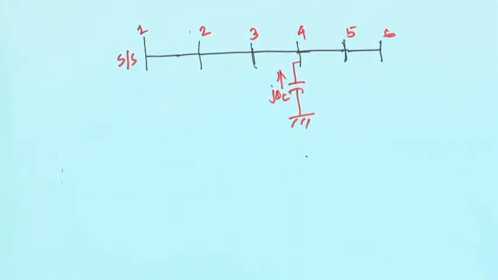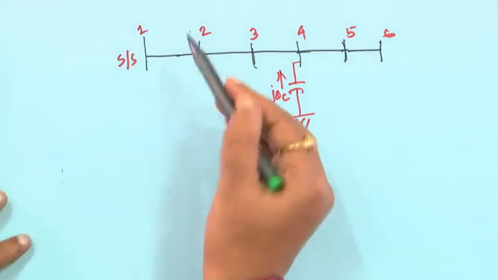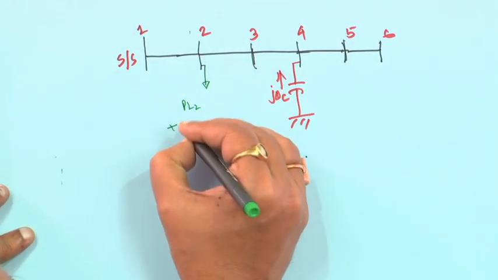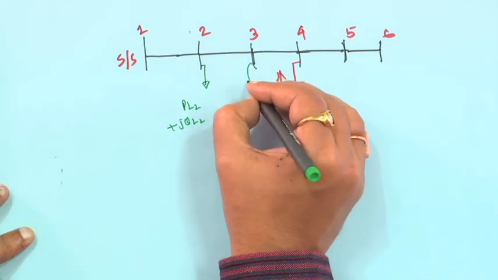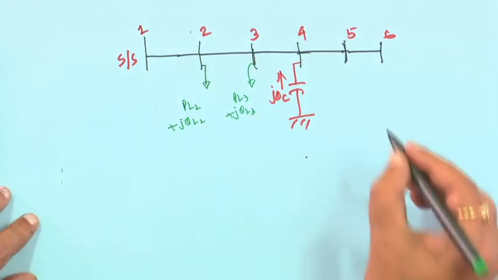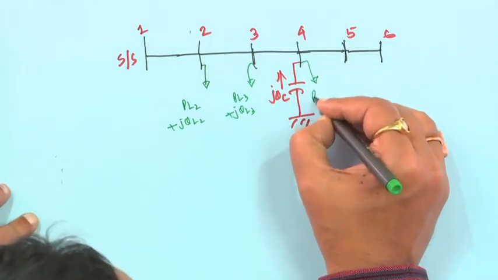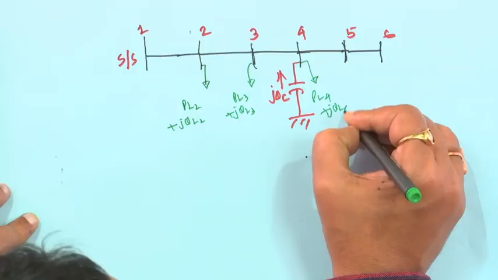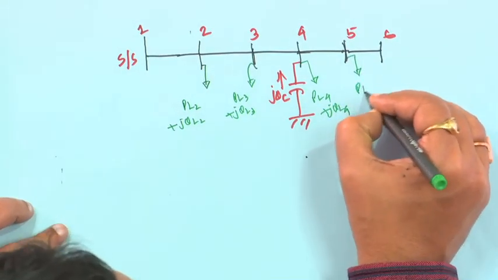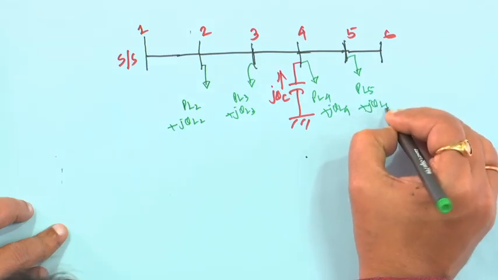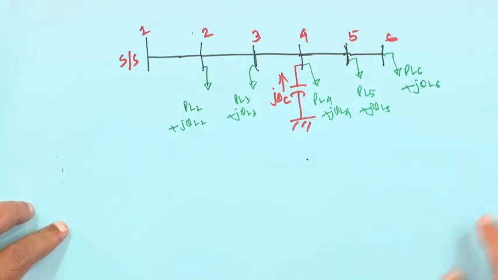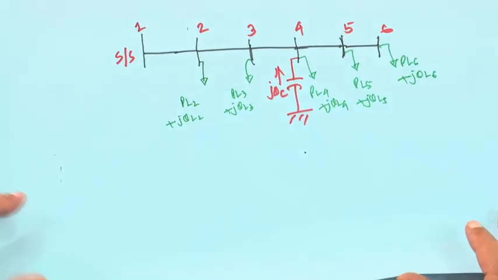Everywhere the load is there: PL2 plus jQL2, PL3 plus jQL3, PL4 plus jQL4 along with the capacitor at node 4, PL5 plus jQL5, and PL6 plus jQL6.